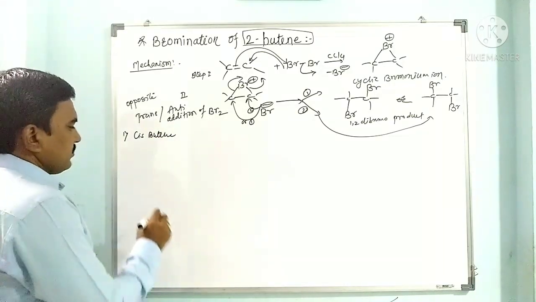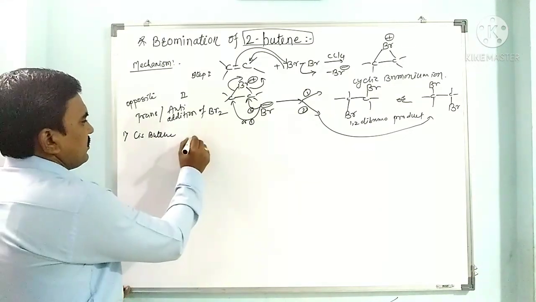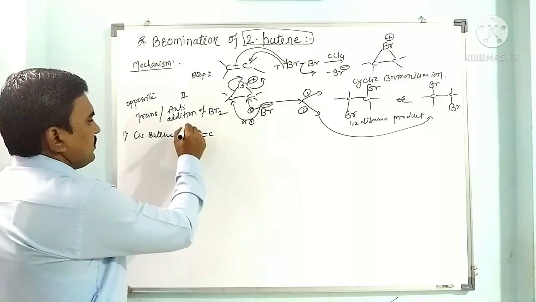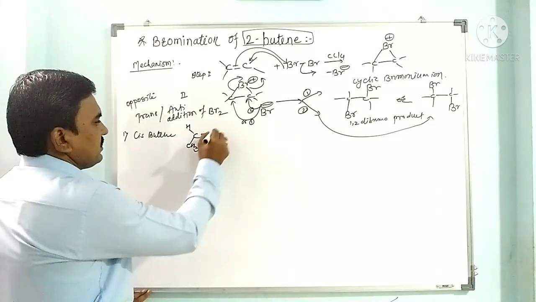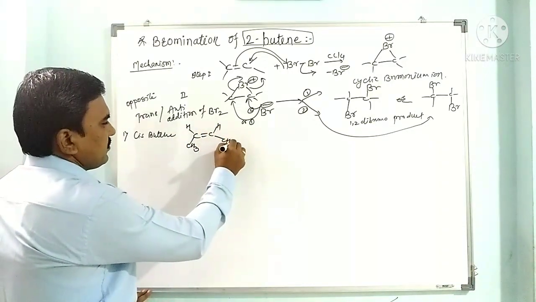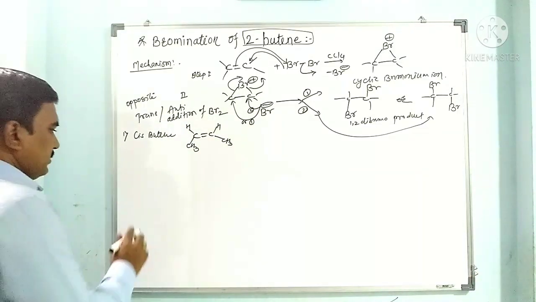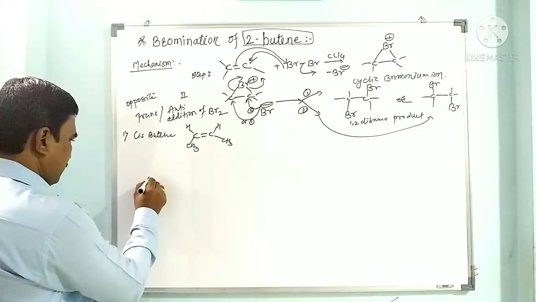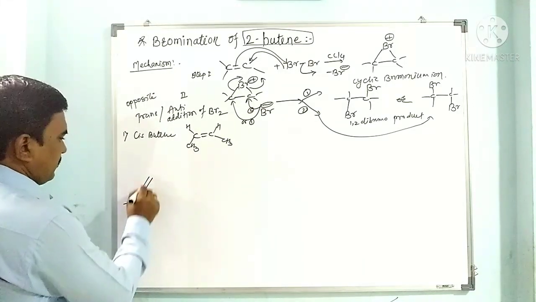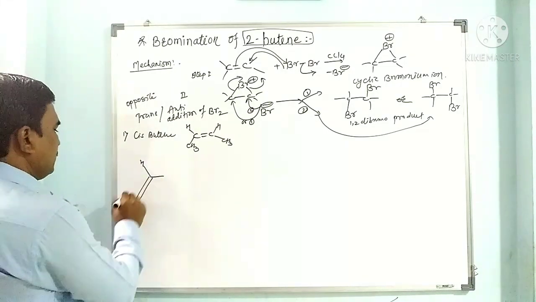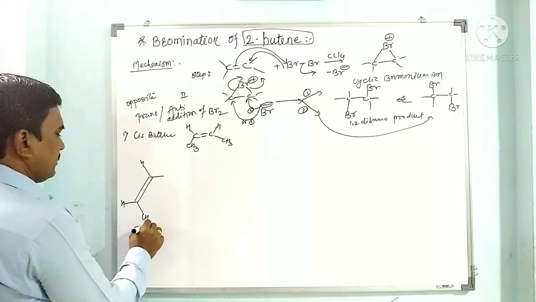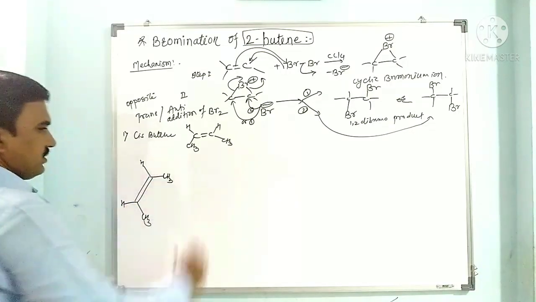In the cis-butene, when we have C double bond C, H CH3, here this H CH3. Now I have to draw this structure in this way. So this is H, CH3, CH3.